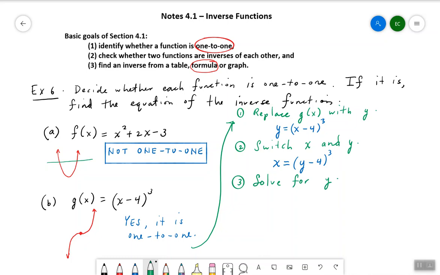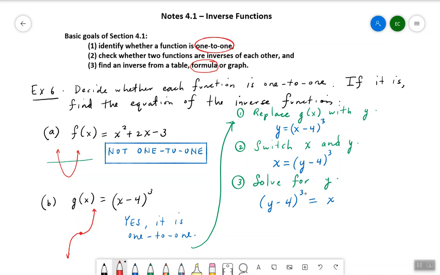Usually we want to wind up with y over on the left side of the equal sign. So if we just write y minus 4 cubed equals x, that's a good start. And then if we want to solve for y, we're going to take off the cube, and then we'll take off the 4, and then we'll be done.